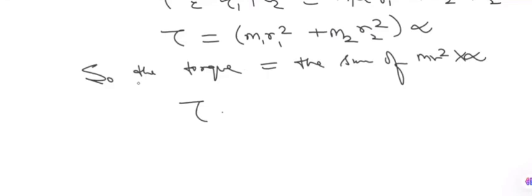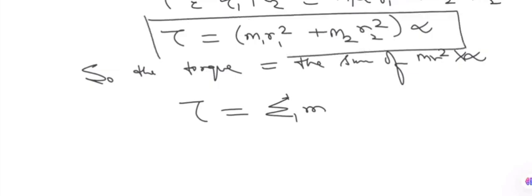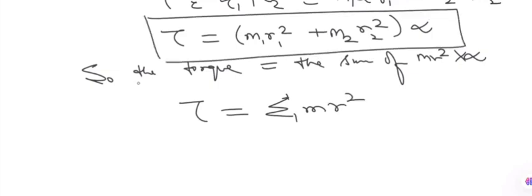So the summation of all the m r square multiplied by alpha will be given as your torque formula for a rigid body consisting of many particles. Any doubts? Are you sure, Akshita?